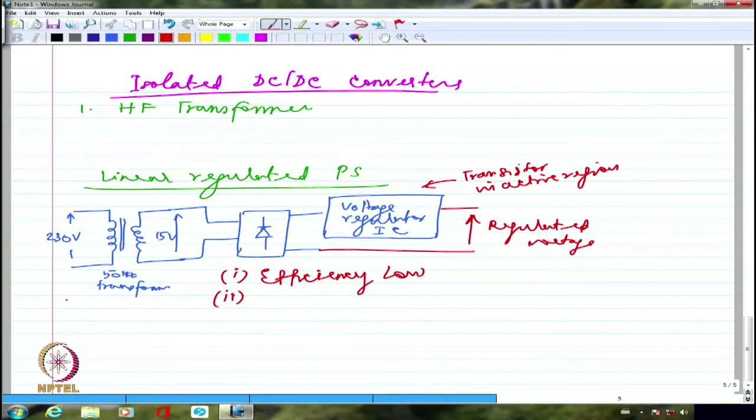You guys remember the transformer equation. E is proportional to 4.44 F, phi and number of turns. Right? This is what we derived as the transformer voltage equation.